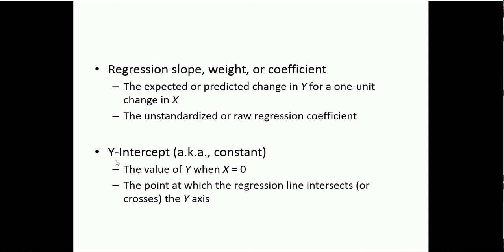So it's not always a very meaningful component of a regression equation, but it's important nonetheless for it to be a part of the equation. It can also be thought of as the point at which the regression line intersects or crosses the y-axis.